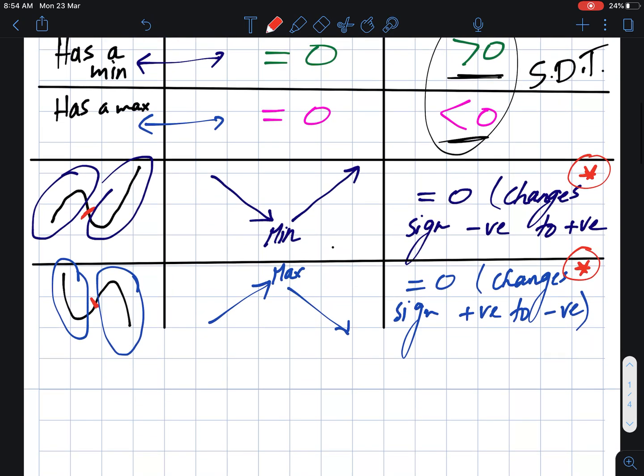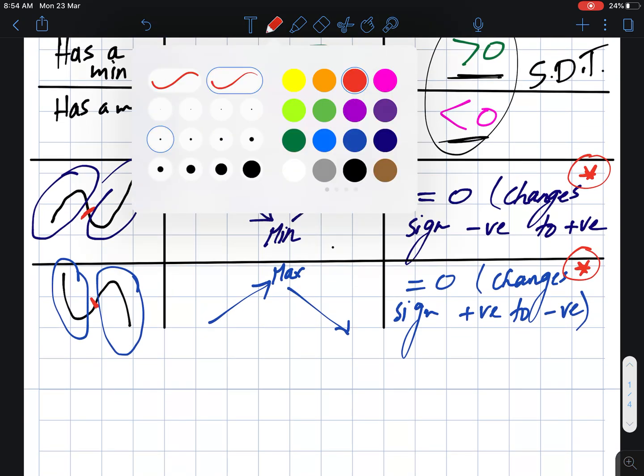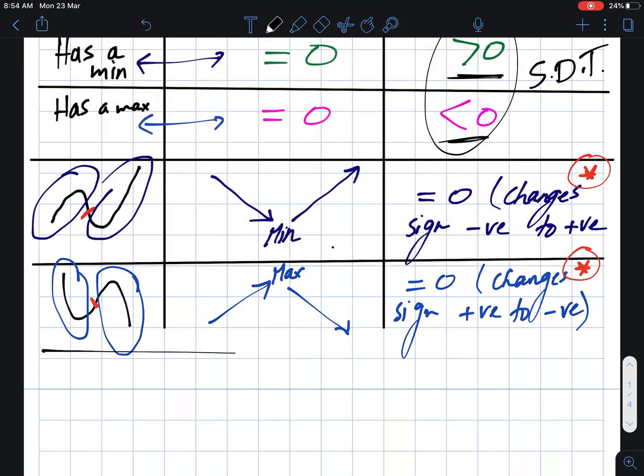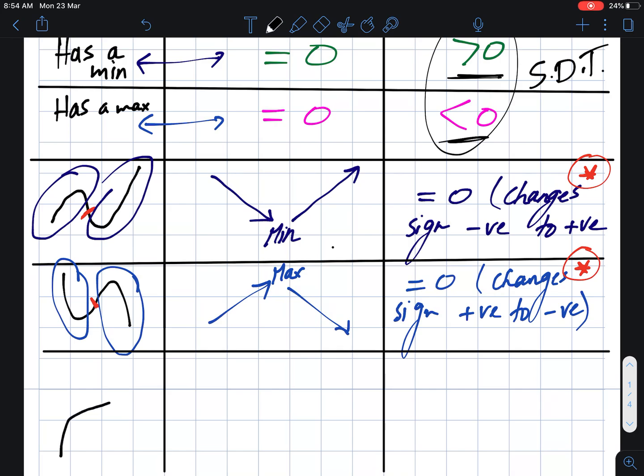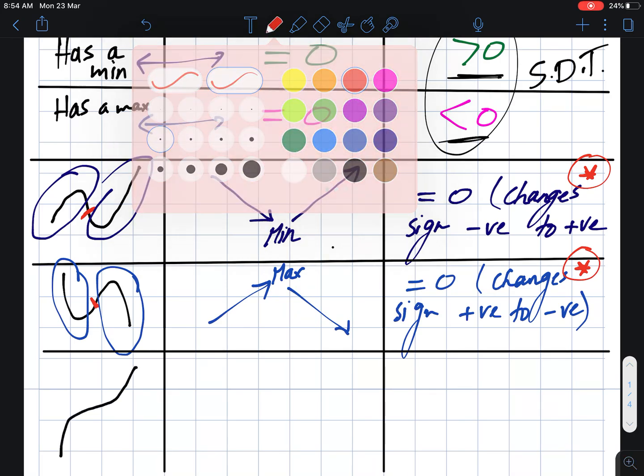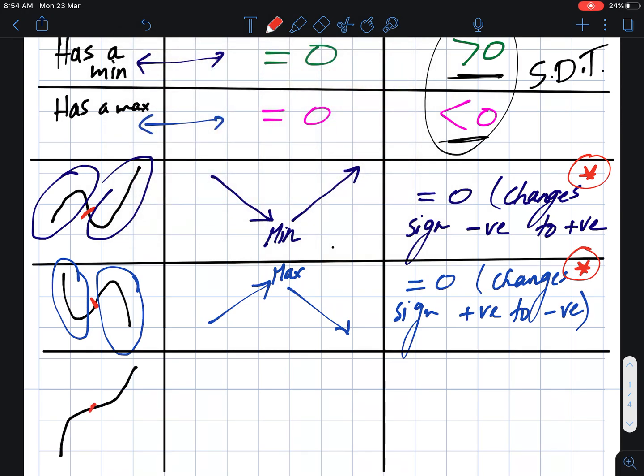Okay, last point before I finalize this video is going to be about something that rarely shows in exams, but it's worth mentioning. Which is the point of inflection where both derivatives, the first and the second, must be zero.